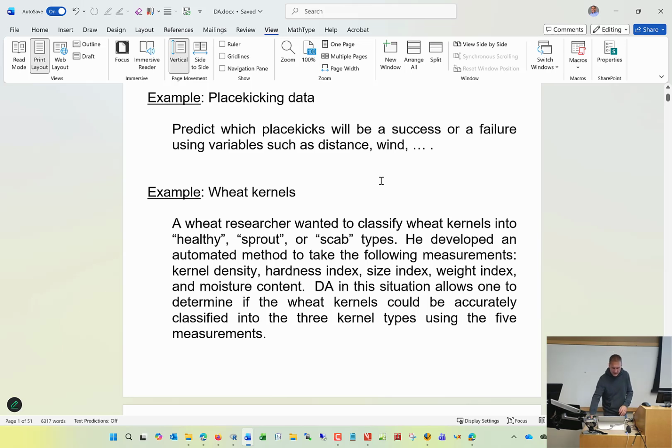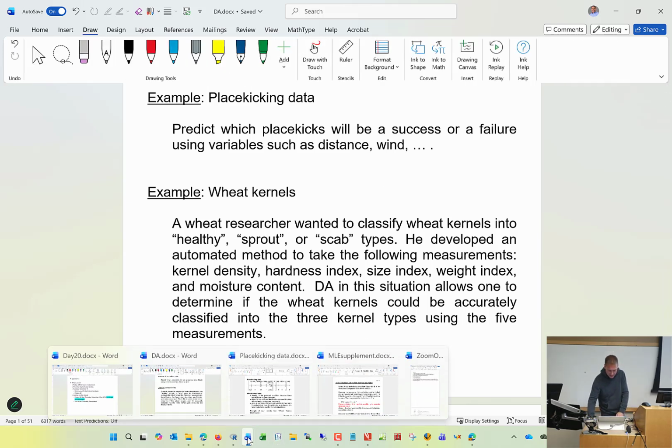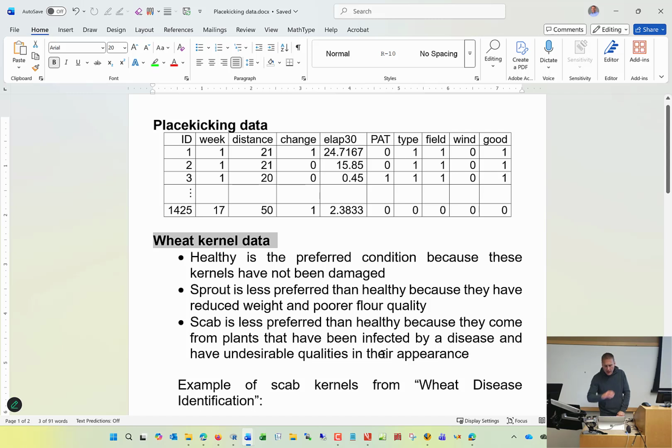Remember that place kicking data set that we saw towards the beginning of the semester? This is what the place kicking data looked like. We had 1,425 observations from an NFL season for every place kick that was attempted. The 2 populations, or 2 groupings, was the place kick a success or not?